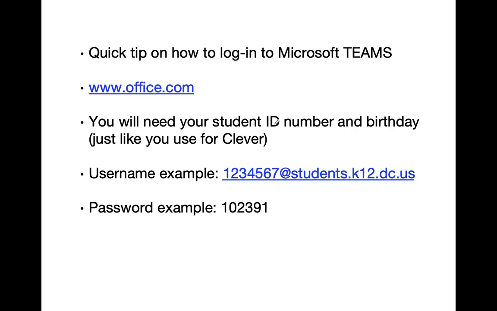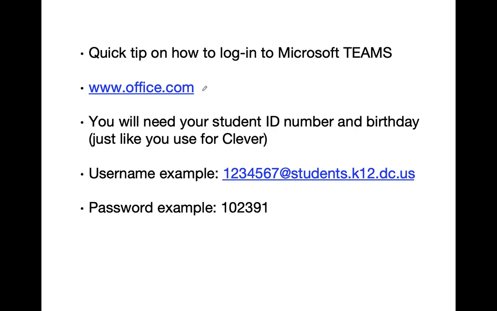So let's say my number is 1, 2, 3, 4, 5, 6, 7. I would type in 1, 2, 3, 4, 5, 6, 7, and then I need to use the @ sign, students.k12.dc.us. That is your email address. That is what you use as your username to get into Office 365.